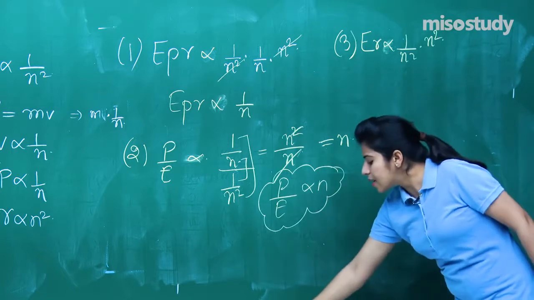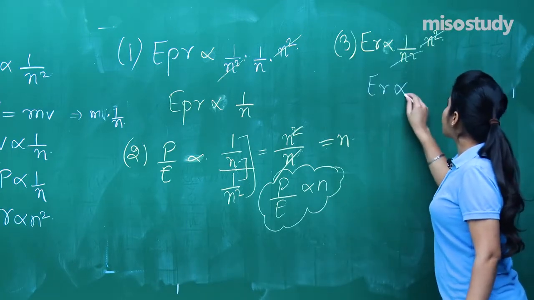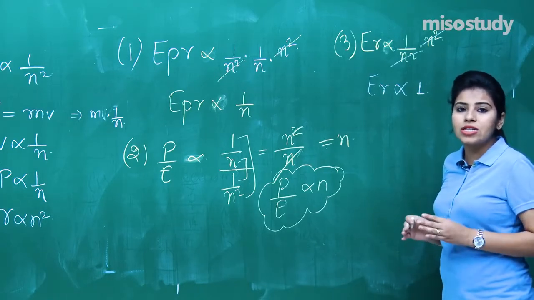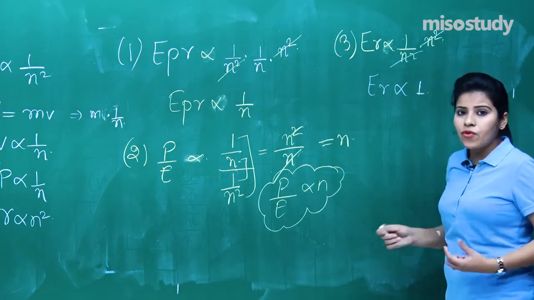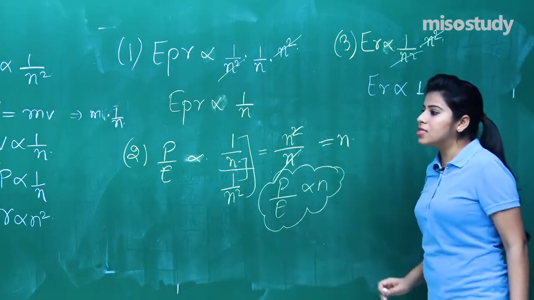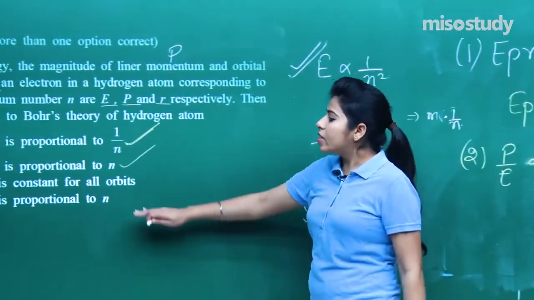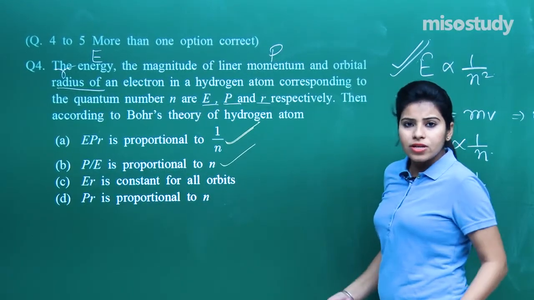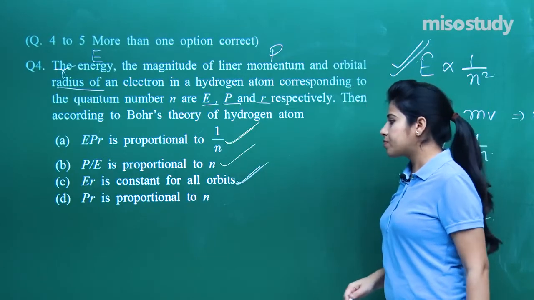Because here n square cancels, we have ER proportional to 1. That means this is a constant value we have found, 1, and 1 is constant. So let us see whether it is asking the same or not. Yes, they are saying that ER is constant for all orbits. So yes, this is true. Again we can say this is the correct answer.